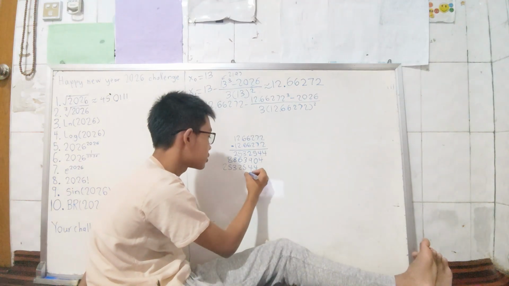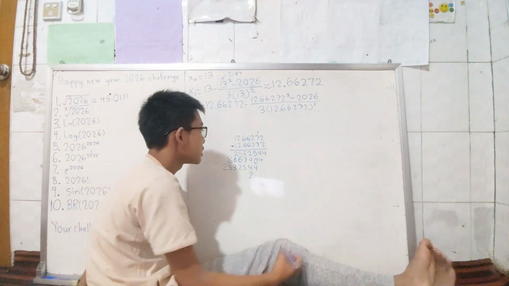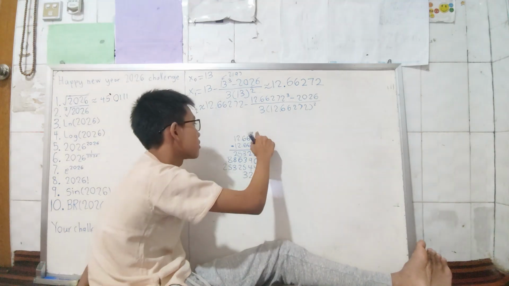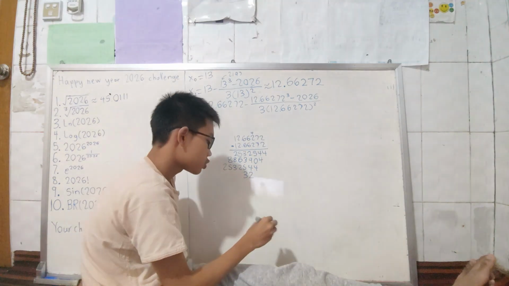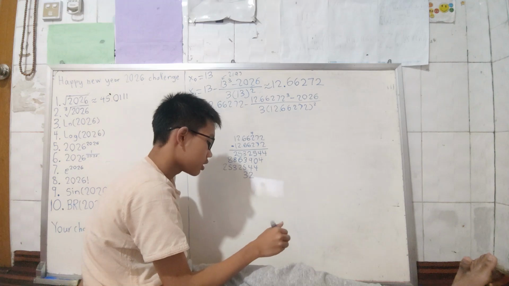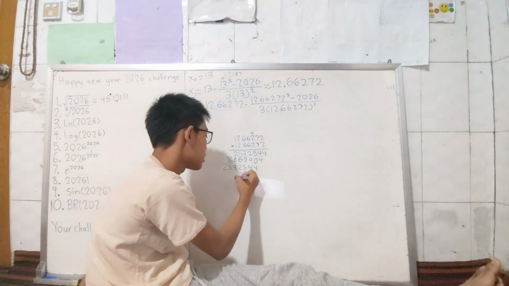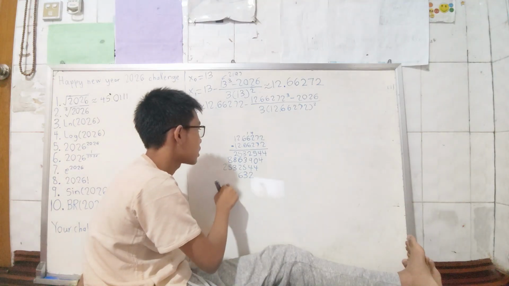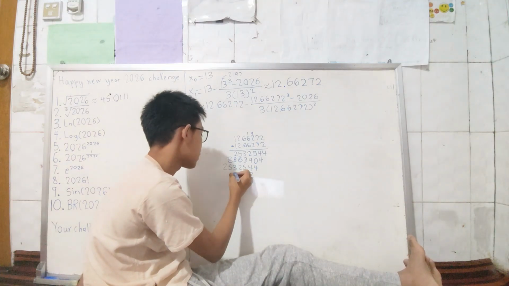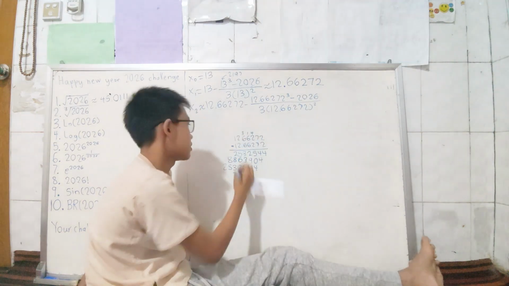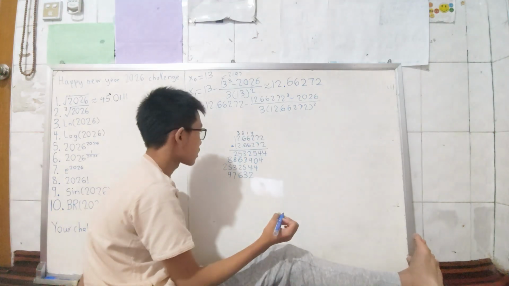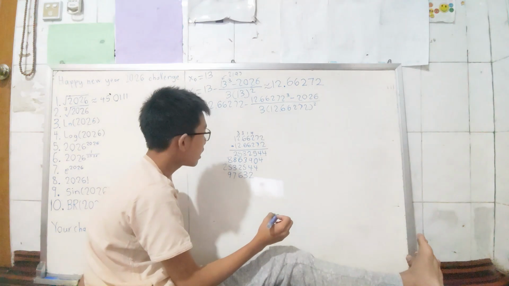6 times 2 is 12. 6 times 7 is 42. That's going to be 43. 6 times 2 is 12. And then 6 times 6 is 36. So that's gonna be 39. Now 2 times 6 is 12.